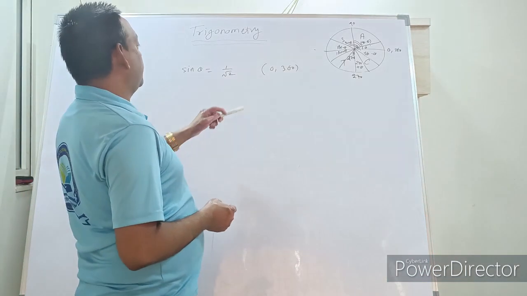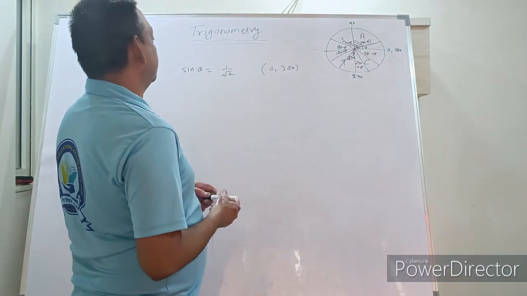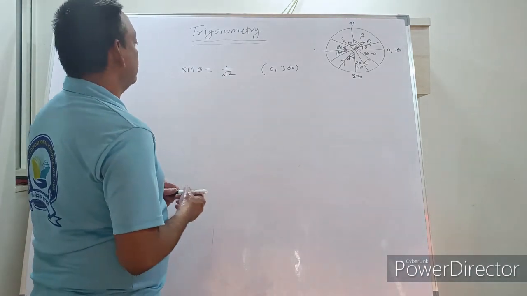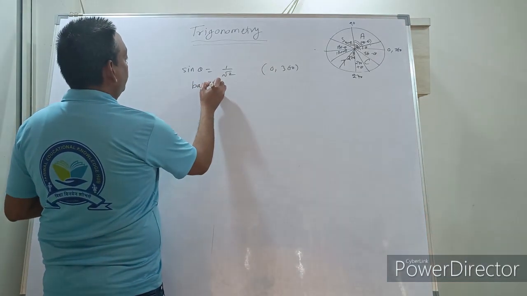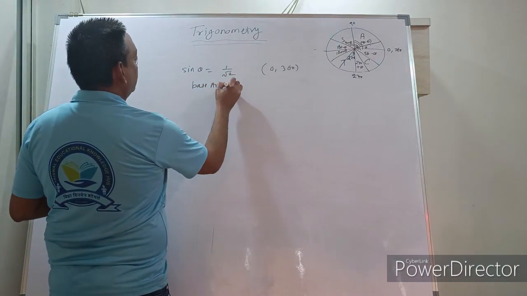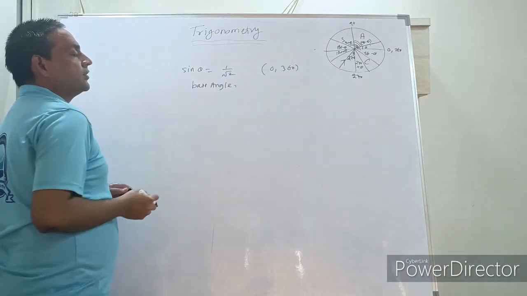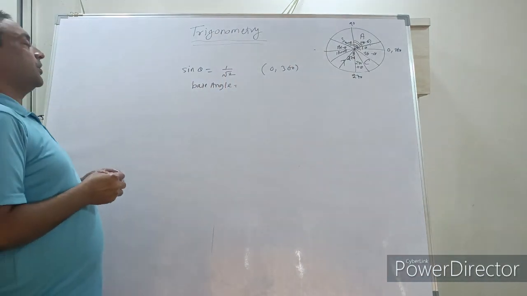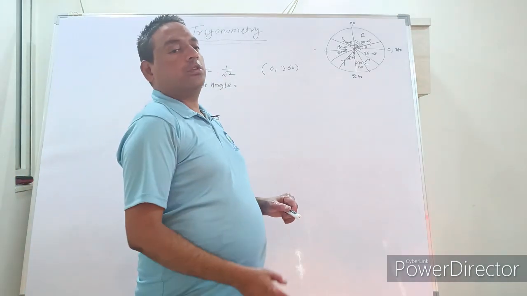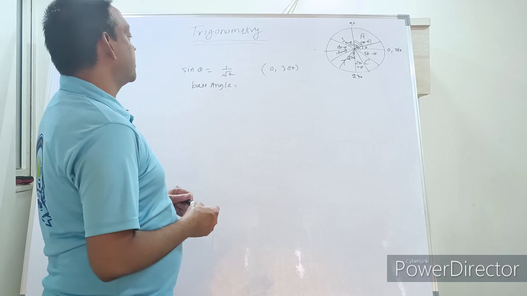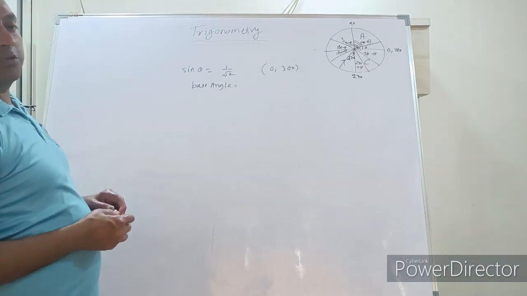Okay, so if they simply ask you the basic sum, sine theta is 1 upon root 2, the first thing we have to find out is the base angle. Base angle meaning which lies between 0 and 90 degree. For that we simply say, sine of what value gives you 1 upon root 2?